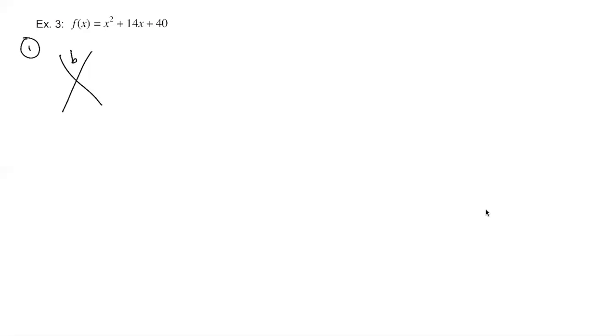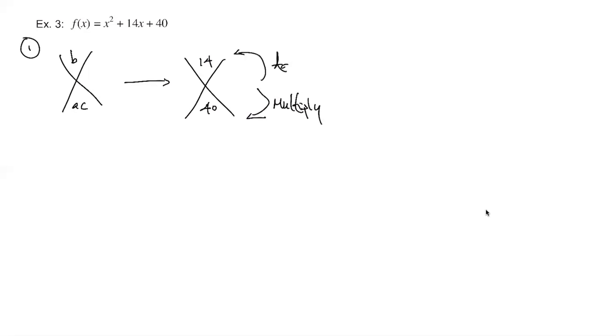We're going to have our b at the top and our a times c on the bottom. So b is 14. A times c is 1 times 40, or 40.